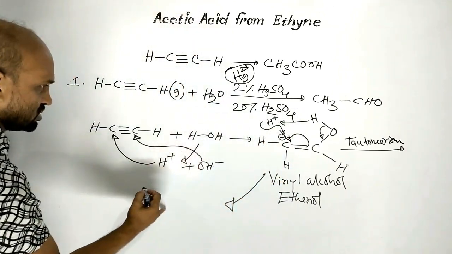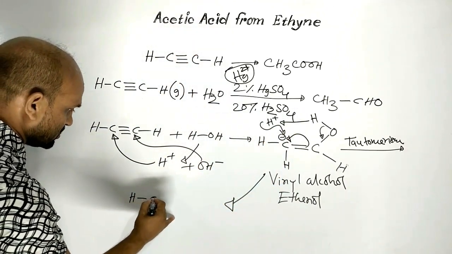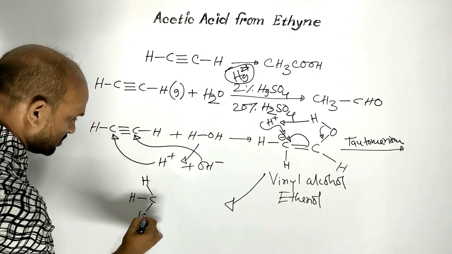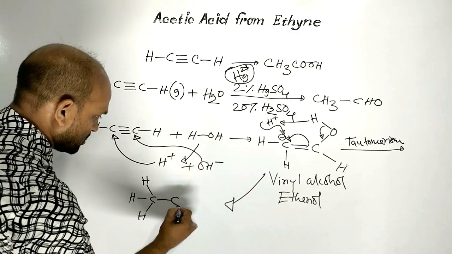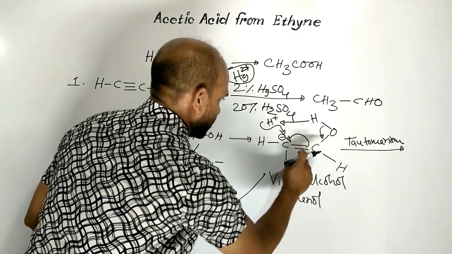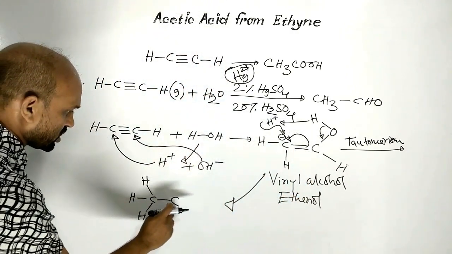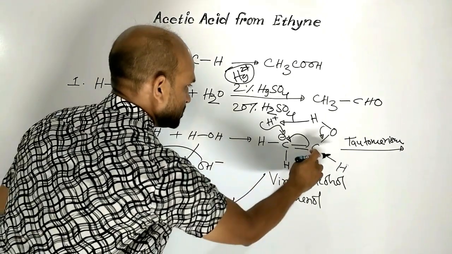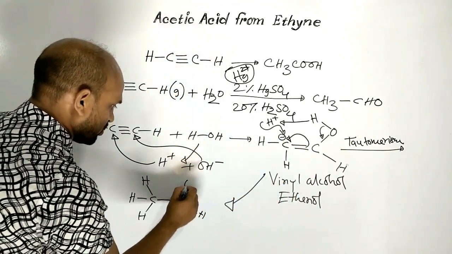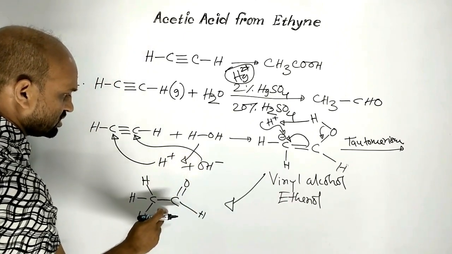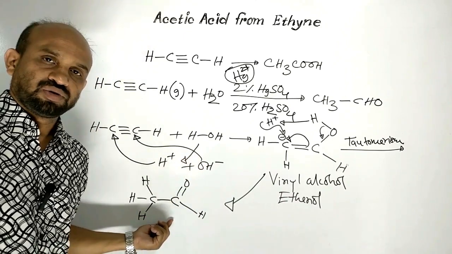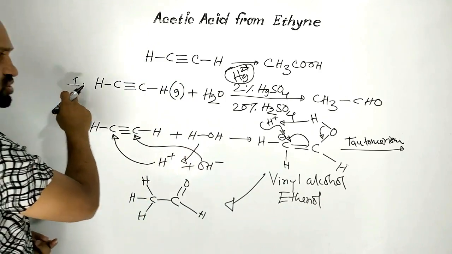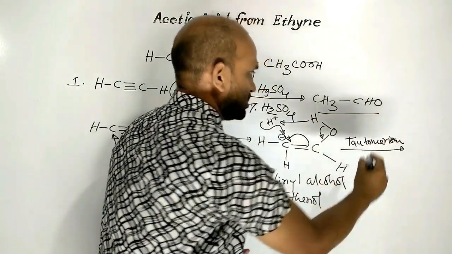As a result, this is obtained. Carbon-carbon double bond turns into carbon-carbon single bond, with this carbon, hydrogen, carbon-oxygen double bond. Acetaldehyde is formed. Through this mechanism, step 1 forms acetaldehyde.